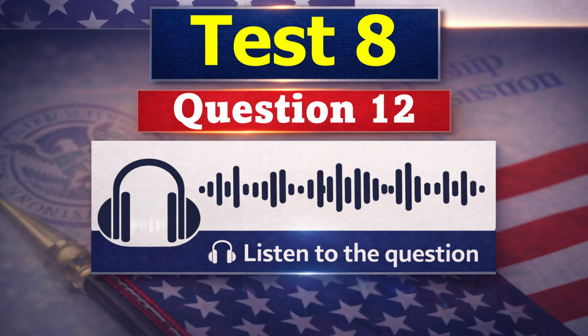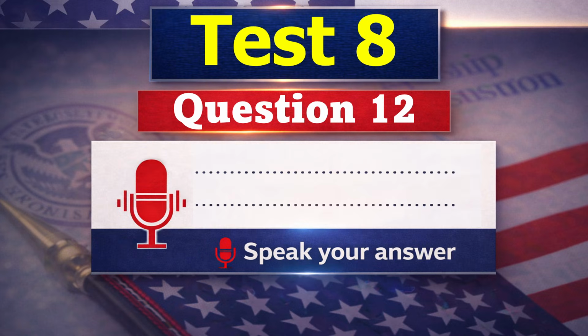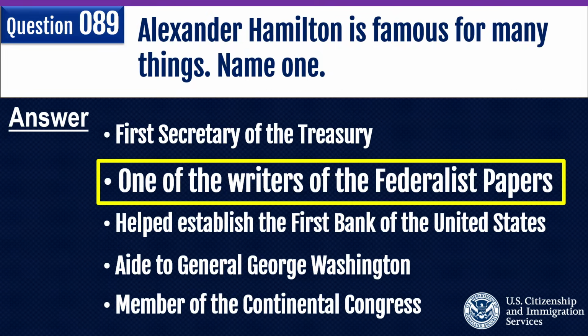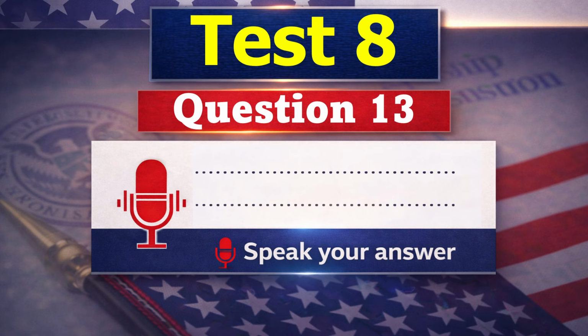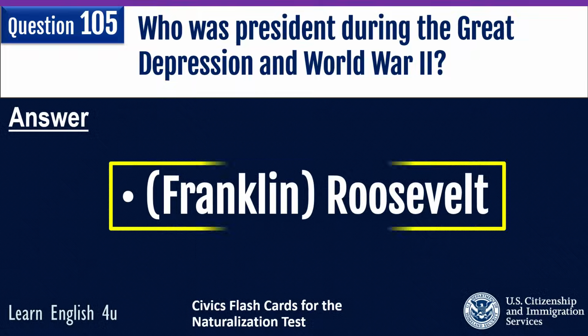Alexander Hamilton is famous for many things. Name one. One of the writers of the Federalist Papers. Who was president during the Great Depression and World War II? Franklin Roosevelt.